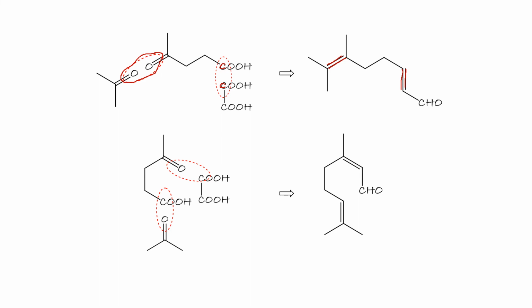This carbon should carry hydrogen, and this one too, hydrogen, and this carboxylic group would be an aldehyde, because again the test showed that compound A gives a positive Tollens reagent test, so we should have an aldehyde.